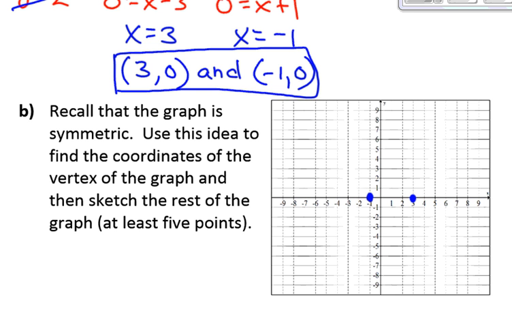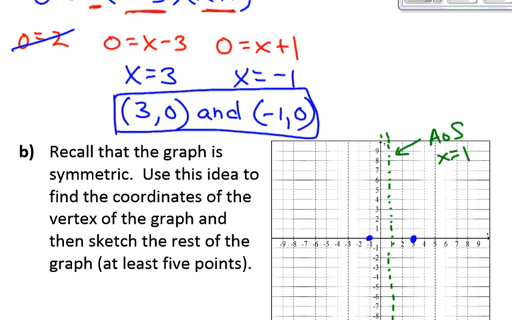So what we do is we look at the middle point between the two points, which in this case would be if I go 2 steps this way and 2 steps this way, then we meet right in the middle at x equals 1. Okay, so that's my axis of symmetry, which I'm going to call AOS, is x equals 1.